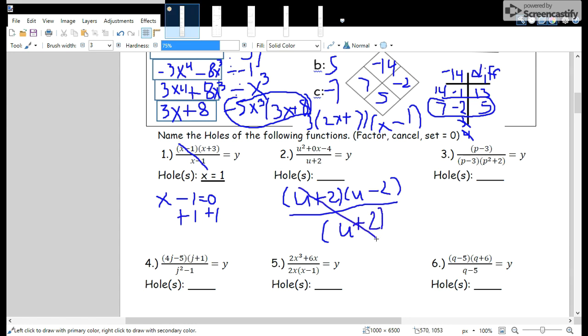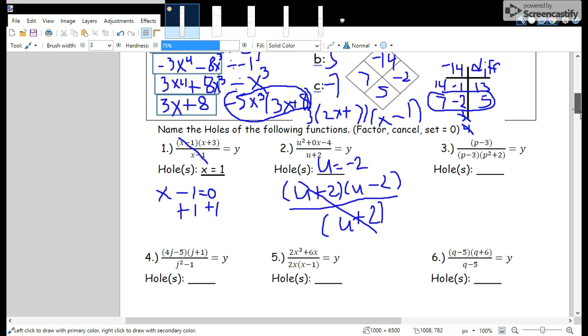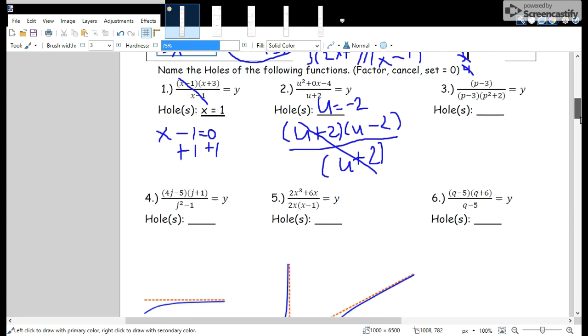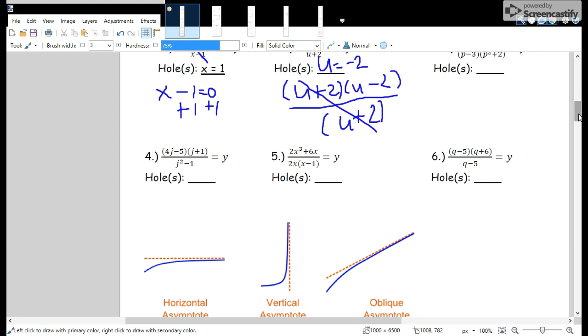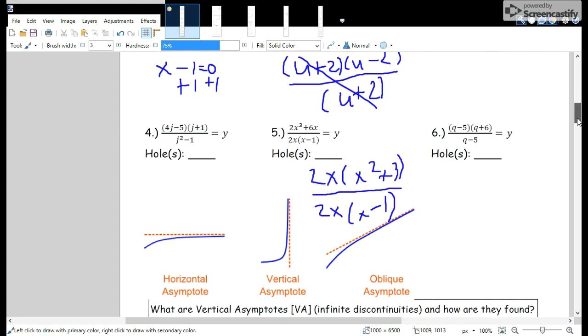Those two are the same, they cancel, so that means you have a hole at u equals negative 2, because you set this factor equal to 0 and solve for the variable. Let's turn to the next page.